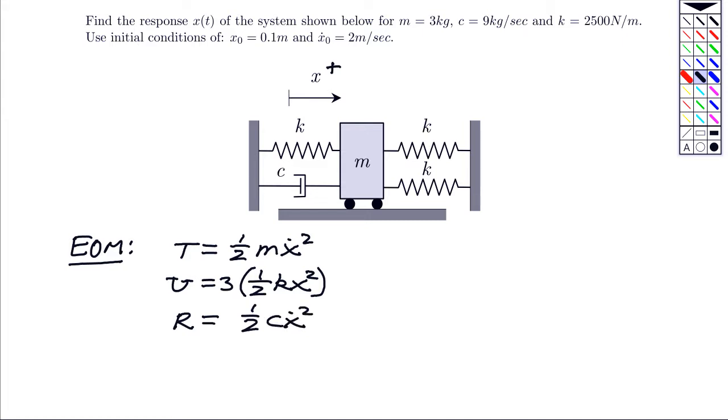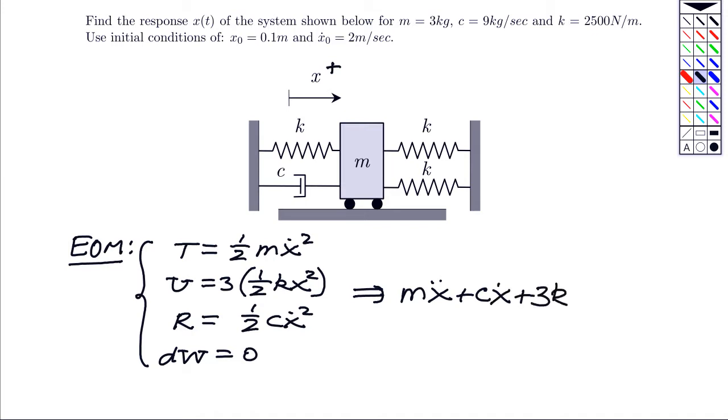Since there are no forces that do non-conservative work that we're not already putting in U and R, then delta W is 0. So from this, our equation of motion is m x double dot plus c x dot plus 3k x is 0.